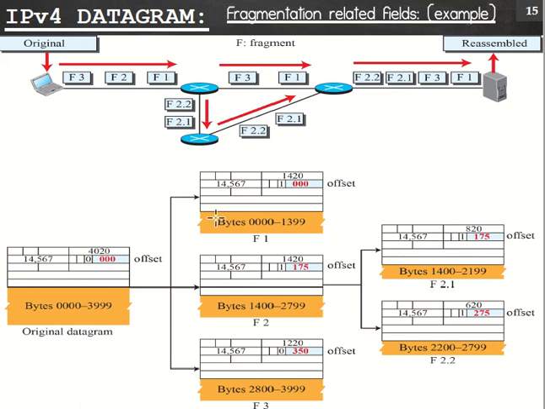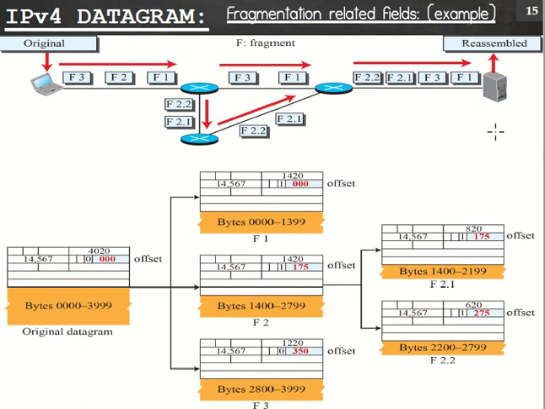The same thing you can see explained using the offset address in the diagram below. We'll see it now. Initially the offset address was 0000. The original packet starts with the sender, and the fragments are reassembled at the receiver.